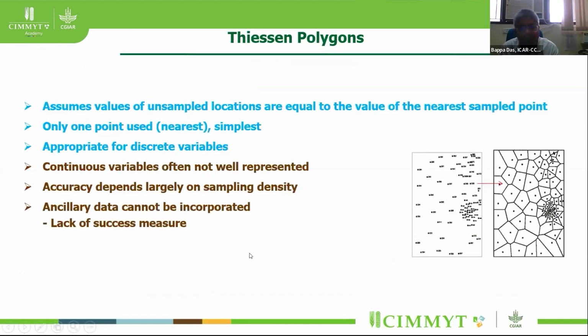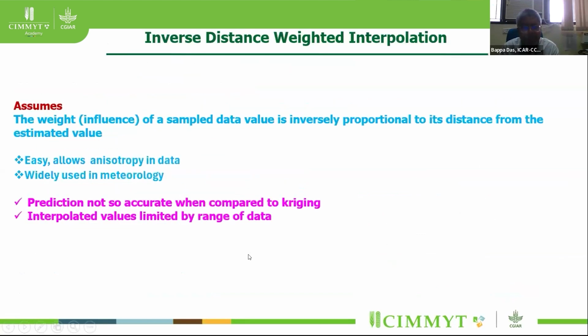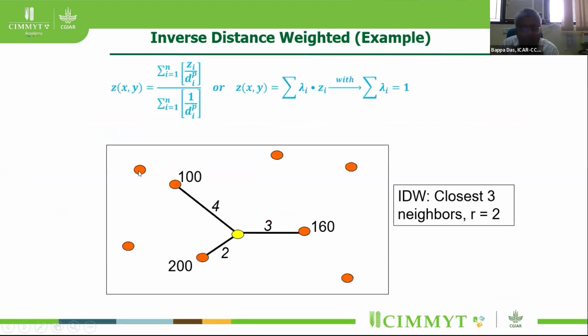Some of the techniques I have given in detail, like Thiessen polygon and inverse distance weighted interpolation. Thiessen polygon I will not be dealing with, but inverse distance weighted interpolation you might be encountering in much of the literature. So I'm dealing with it here. Suppose these are the 3 points, this point, this point, and this point.